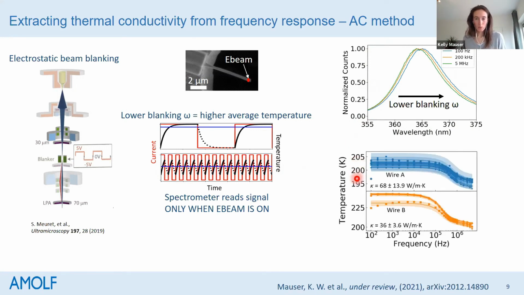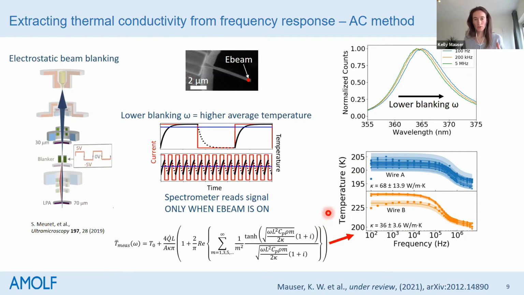So next, we measure this temperature as a function of frequency, and we see very clearly when our frequency is faster than the thermal time constant of our nanowire. And we can analytically solve what this curve should look like for a 1D wire with a periodic heat input at one end, and at one end the temperature is fixed.